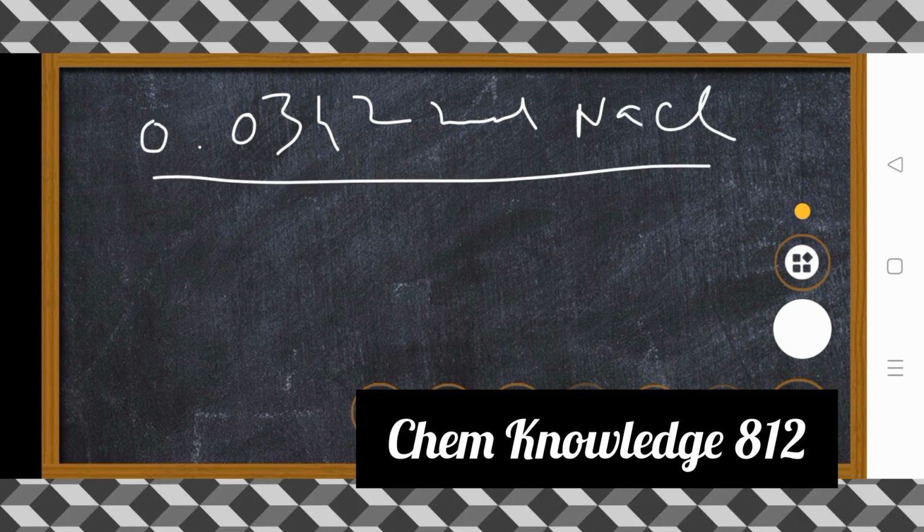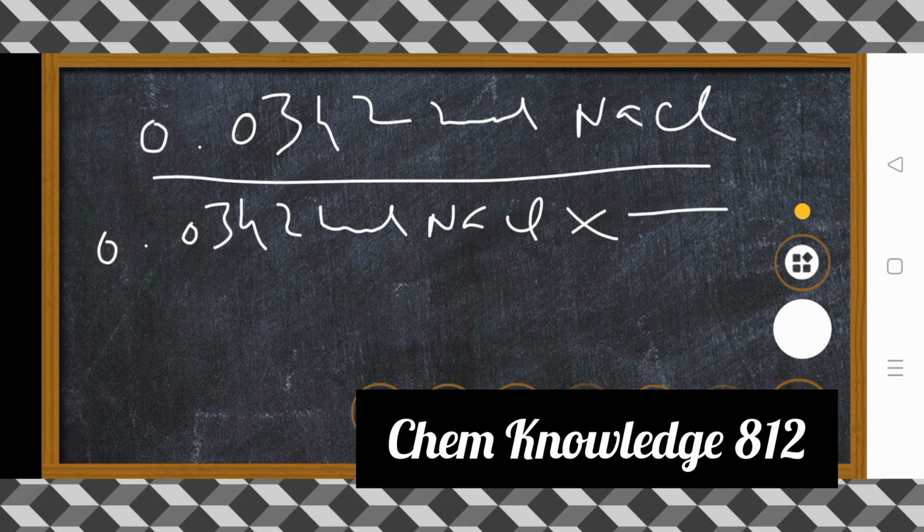After getting the moles of sodium chloride, we can just divide 0.0342 mole of sodium chloride by 250 ml of water, because we have dissolved this mole in 250 ml of water.